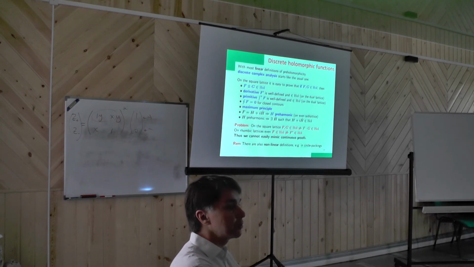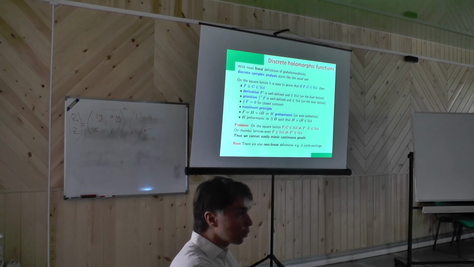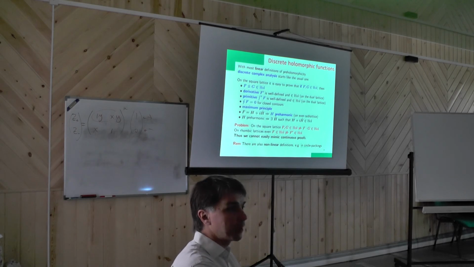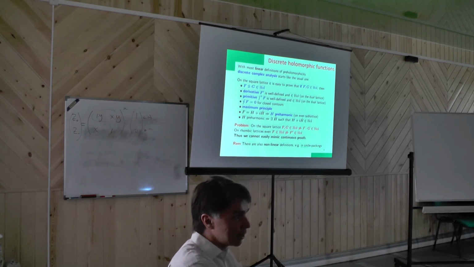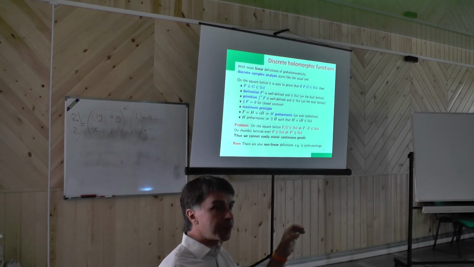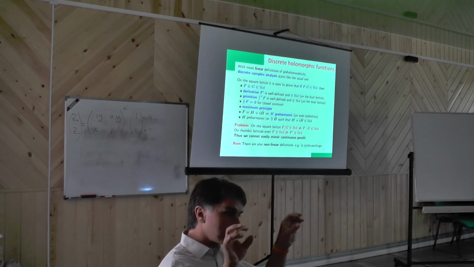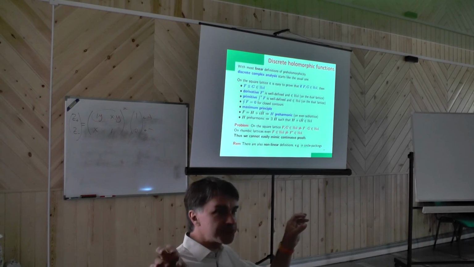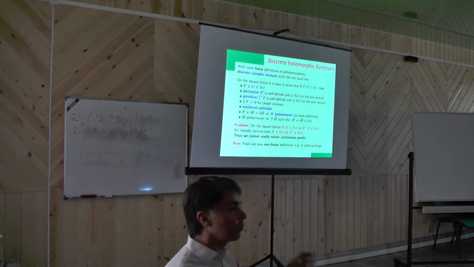But once you need multiplication, you have to stop, because on a lattice the product of discrete analytic functions is no longer discrete analytic. Why? Well, how do you prove that the product of analytic functions is analytic? You differentiate and use the formula: the derivative of fg is the derivative of f times g plus the derivative of g times f. But if you do it with differences on a lattice, in the second term the point where you differentiate shifts, and that sort of ruins the whole magic.